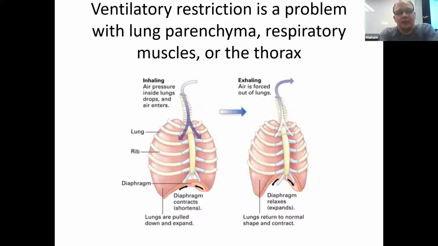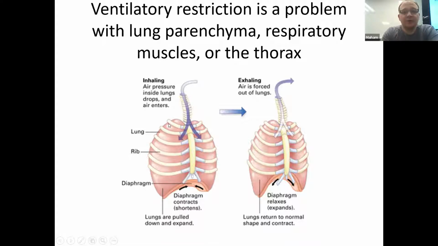So unlike obstruction, which is a problem with the airways, ventilatory restriction is a problem with lung parenchyma, respiratory muscles, or the thorax itself. As you can see, in normal inhaling and exhaling, the diaphragm contracts during inhalation. During exhalation, it relaxes, forcing the air out of the lungs.